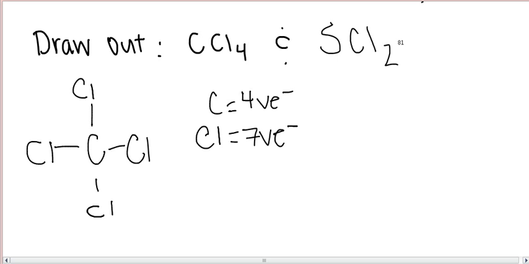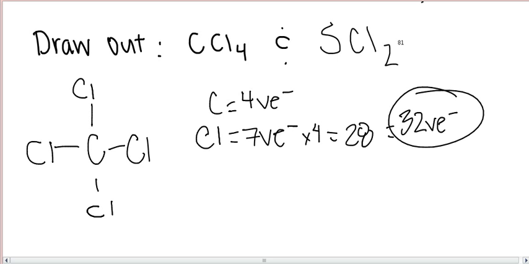Since we have 4 Cl's, this would give us a total of 28 plus the 4, which equals 32 valence electrons total in this molecule.